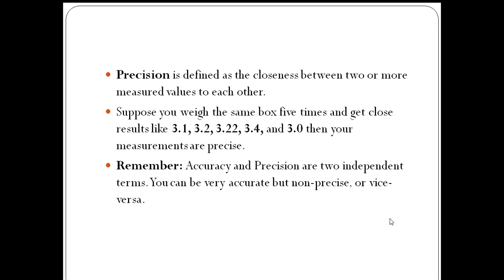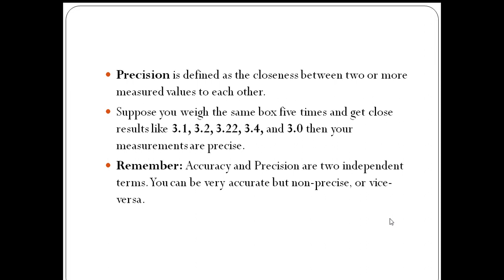Suppose we take the same example and get readings like 3.1 kgs, 3.2 kgs, 3.22 kgs, and 3.0 kgs. All the readings we are getting are close to one another. Whatever the actual true value may be, it may be 5 kgs, 3 kgs, 10 kgs, whatever, the readings we are getting are close.